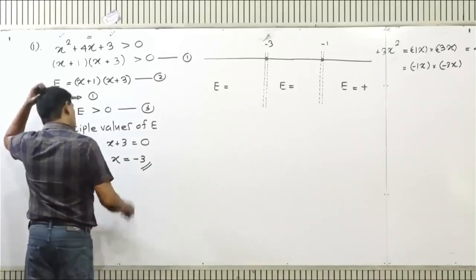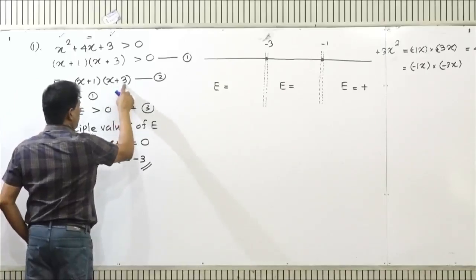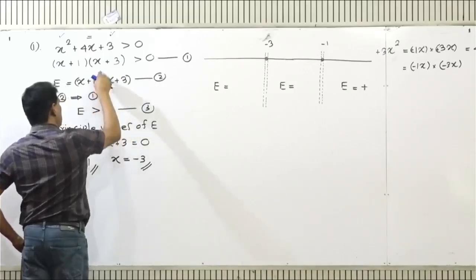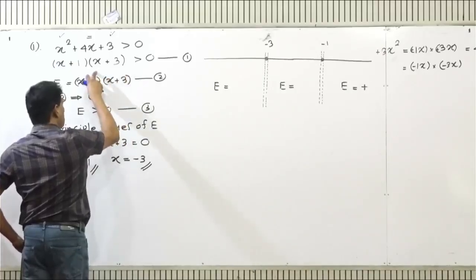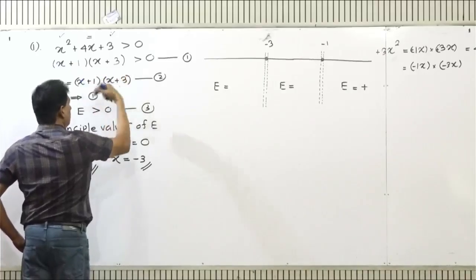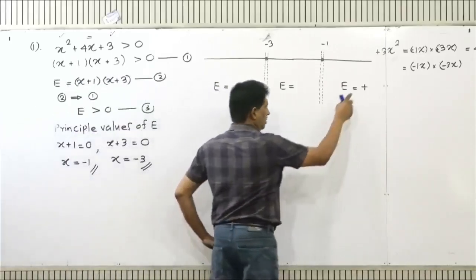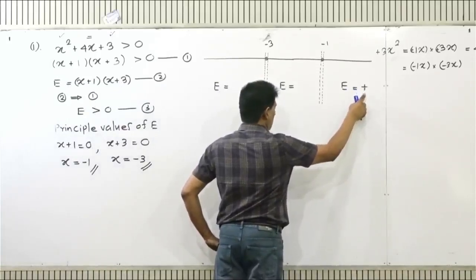Then these are linear factors, that means linear functions of order 1. If all the factors are linear functions, then the order is 1. Then if we find the sign of E in one area, we can alternate it.